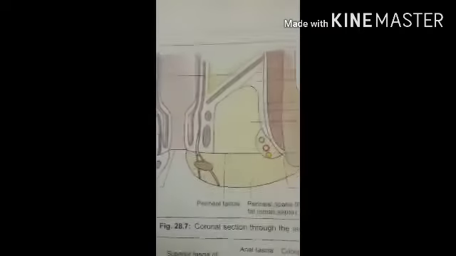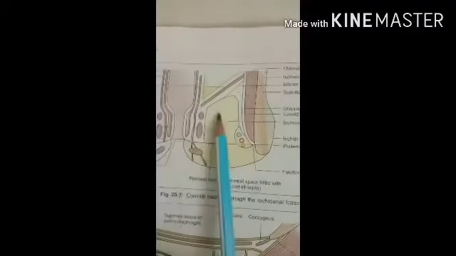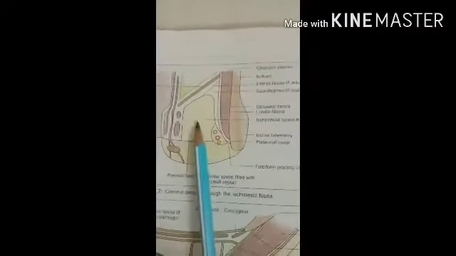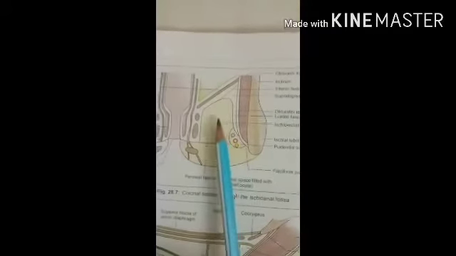Here you can see the rectum and anal canal, and on both lateral sides the fossa is present. That is called the ischiorectal fossa. So these are the examinations done by the per rectal examination, also called the PR examination or digital examination.